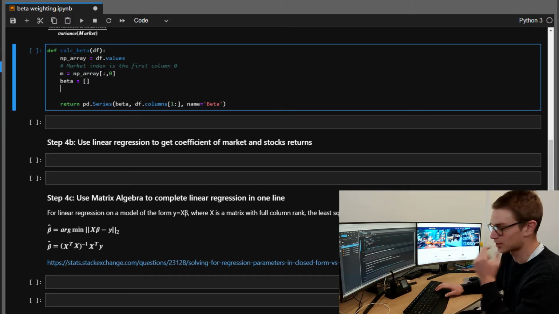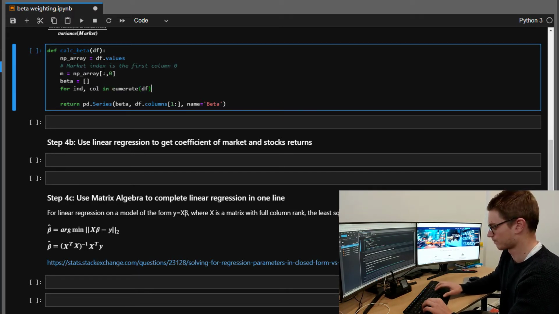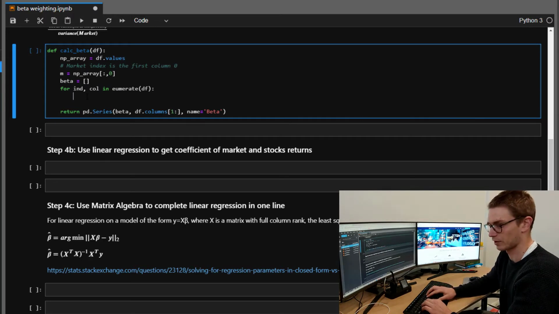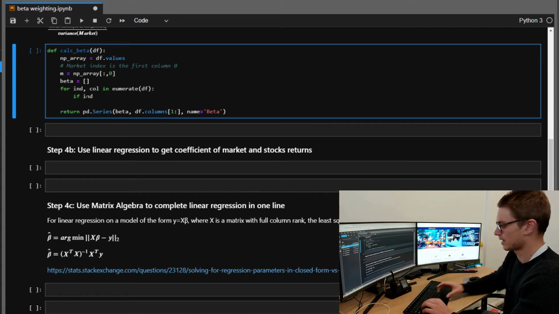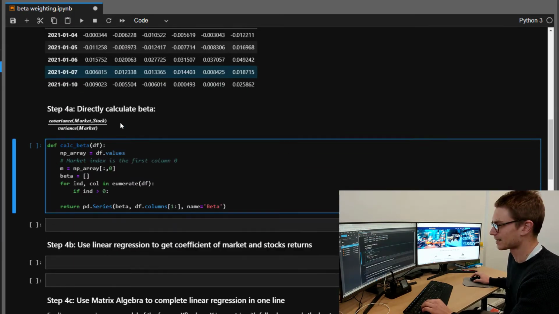Now what we're going to do is iterate through each one of these columns. So for index and column in enumerate data frame. The enumerate gives us back the index and the value is the column for this data frame here. So if the index is greater than 0, and what that's saying is don't give us the first column because that's our market index.